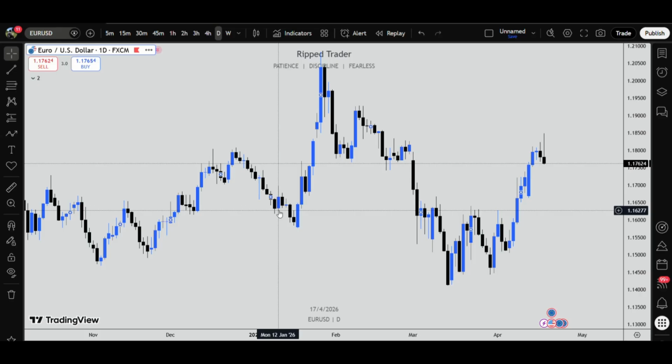We are focusing on liquidity above and below key highs and lows, inducement before displacement, market structure shifts on higher time frames, and fair value gaps. Liquidity is the real language of the market. If you are not thinking in terms of buy side and sell side pressure, you're not trading, you're guessing.